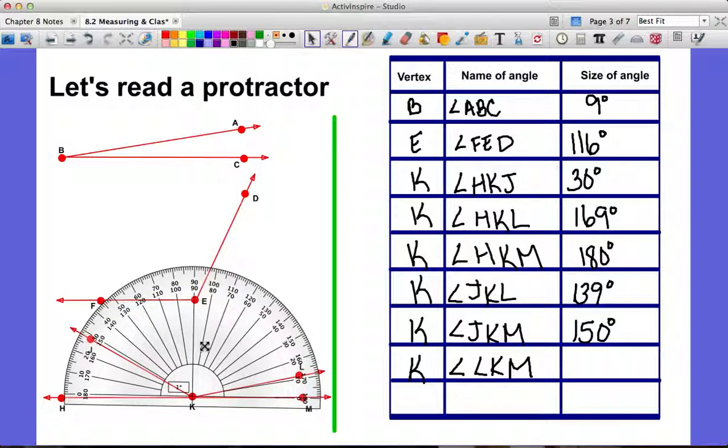Line up those lines as best you can. Okay, and I can go from KM up to my line, and I can measure the other way, so now I have to use the inside numbers, and I see that angle LKM is 12 degrees.